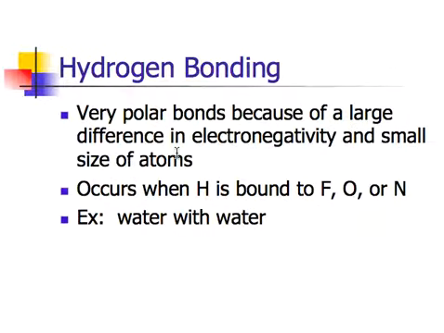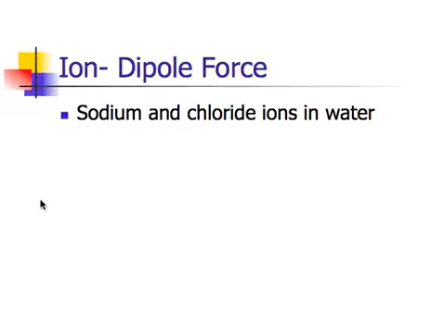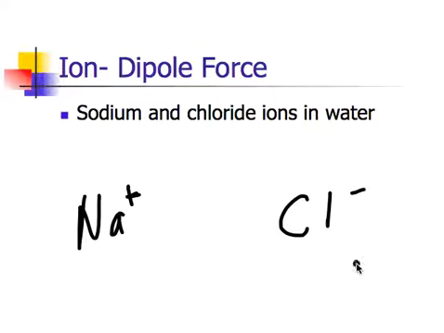And then the last one is a dipole-ion force. So if we imagine that sodium chloride is dissolved in water, sodium is a positively charged ion, chloride is a negatively charged ion. And what's going to happen is there's going to be an attraction between those ions and the water molecules, and that's what's going to keep them as ions rather than keeping them together as NaCl, because Na and Cl are attracted also.